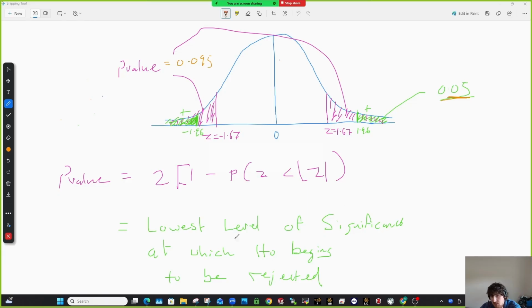So how does this tie in with the question? Why is the p-value also known as the lowest level of significance at which H0 begins to be rejected? Right, so what you've got to understand is this. We do in Leaving Cert Maths these 5% level of significance tests all the time. It's always 5% level of significance, and we always then do 95% confidence intervals, right? So there's actually other types as well.